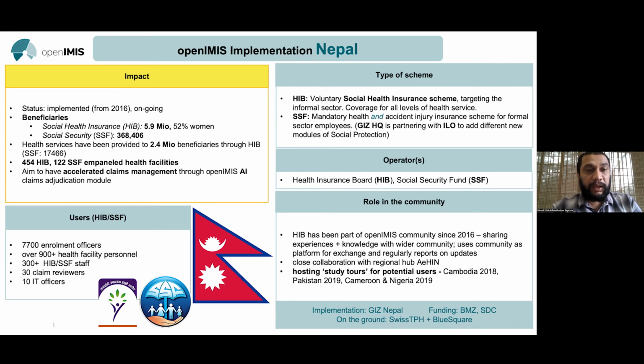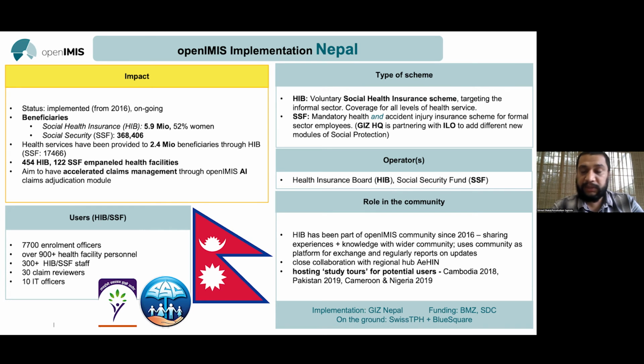As a result of the impact of openIMIS here, there are 5.9 million insurees already registered in the health insurance program from the Health Insurance Board, where 52% of them are women. And for the Social Security Fund, there are 368,000 beneficiaries.